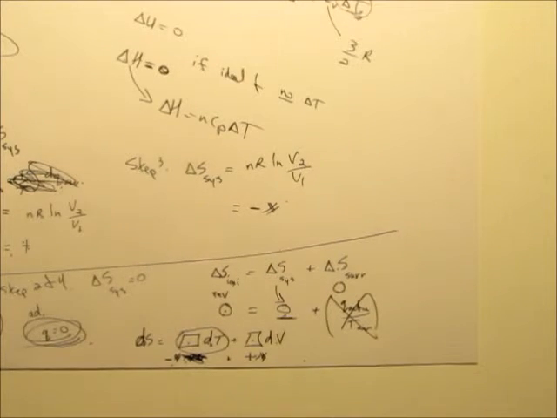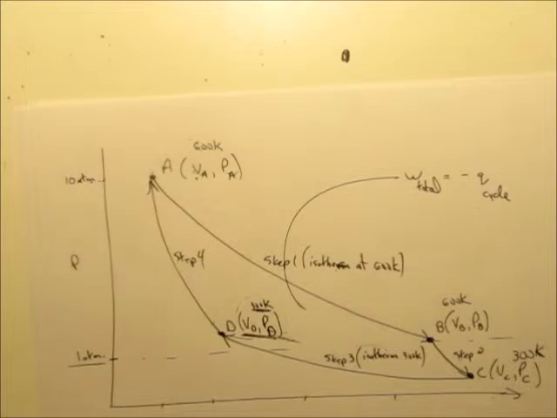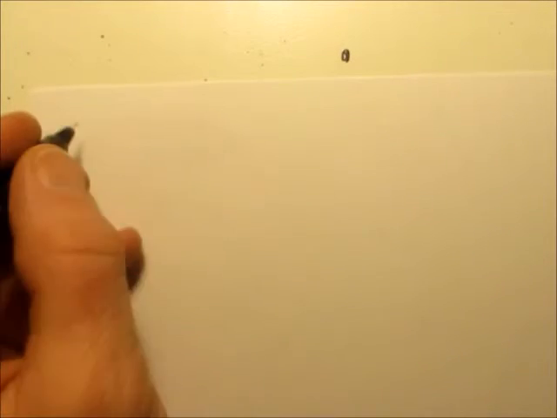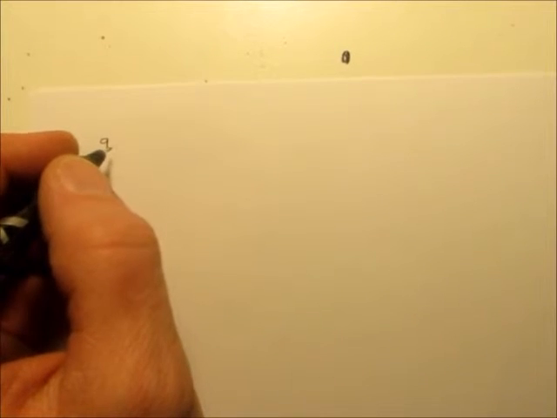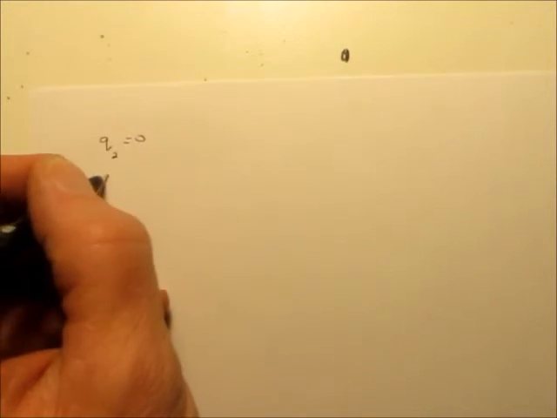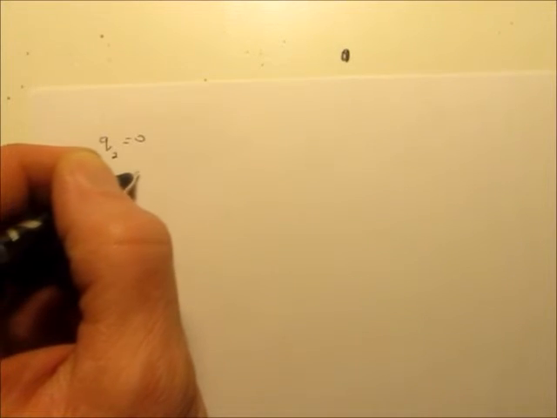So I think that basically rounds out mostly how you're going to calculate this stuff. As far as heat and work, I can give you a quick look. Obviously, steps 2 and 4 are adiabatic, so the heat for step 2 will be 0, and the heat for step 4 will be 0.